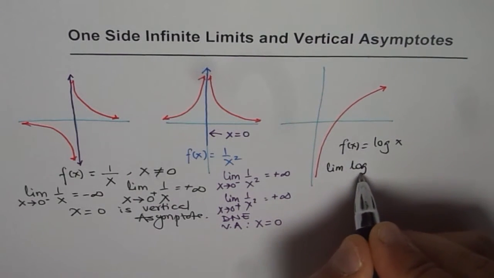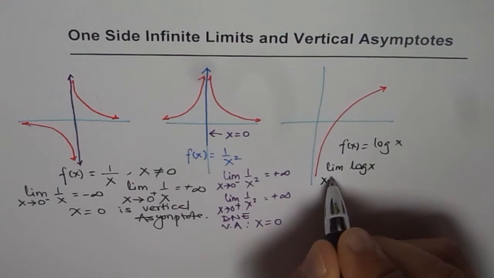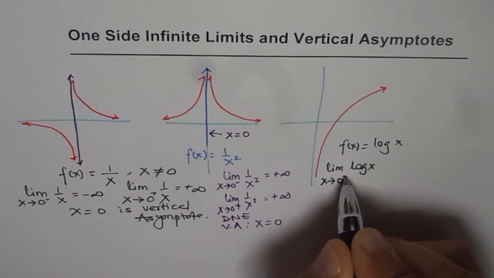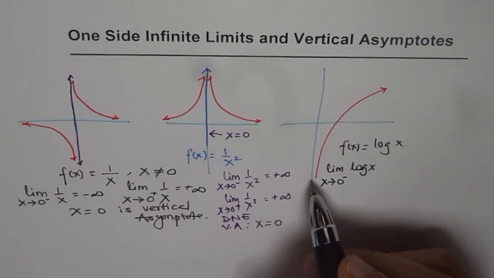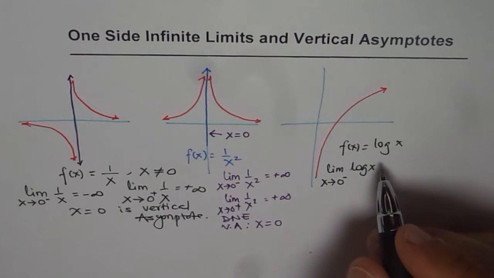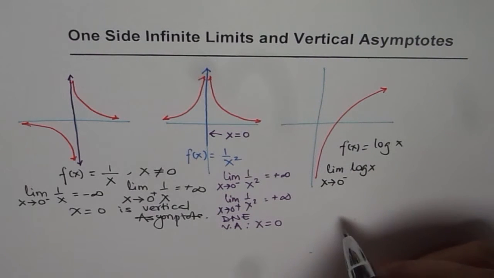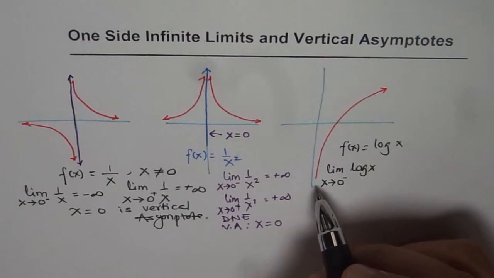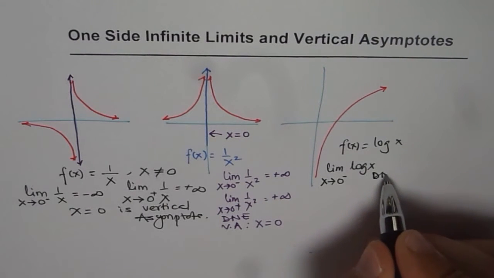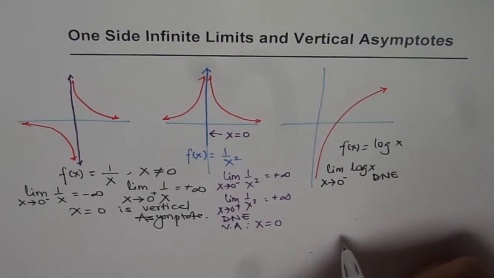Log x as x approaches 0 from the negative side, that means from the left side. Well, from the left side, you cannot approach, right? Because that is not in the domain. So the limit does not exist.